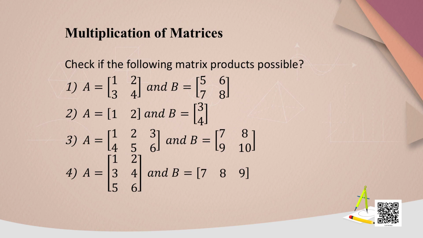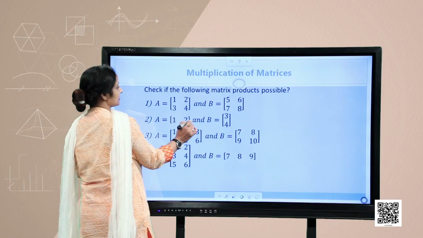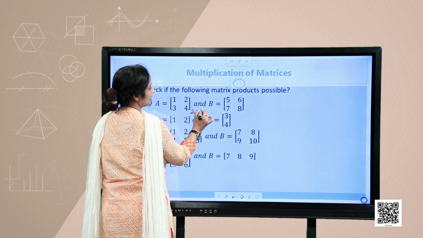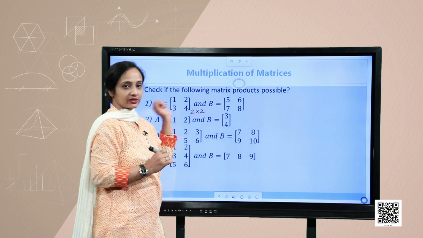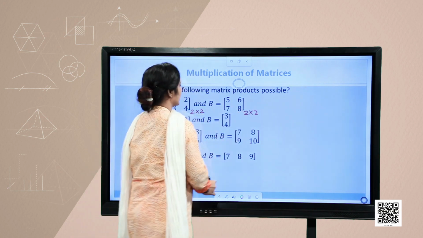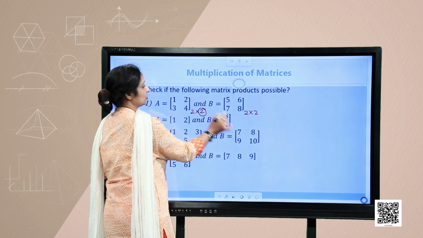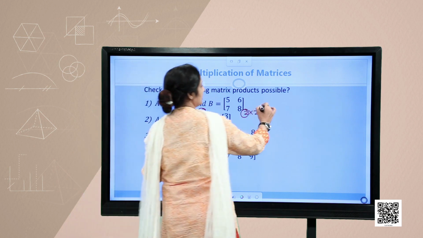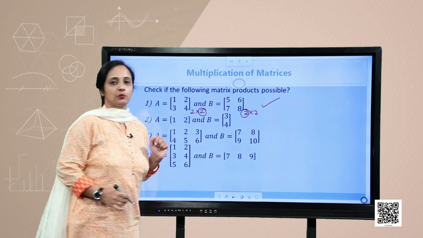Check if the following matrix products are possible or not. How will we check it? For the first case, let's take matrix A, its order is 2 by 2. Matrix B, its order is 2 by 2. So you can see that this 2 and this 2 are the same, they are equal. So this matrix product is possible.